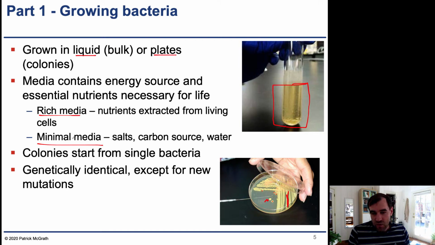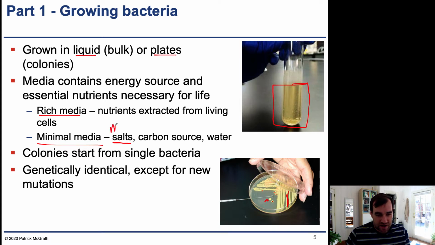There is a minimal media defined for E. coli. This is chemically defined media, which means that we define exactly what goes in it. There's water, of course. And then there's a large number of essential salts.